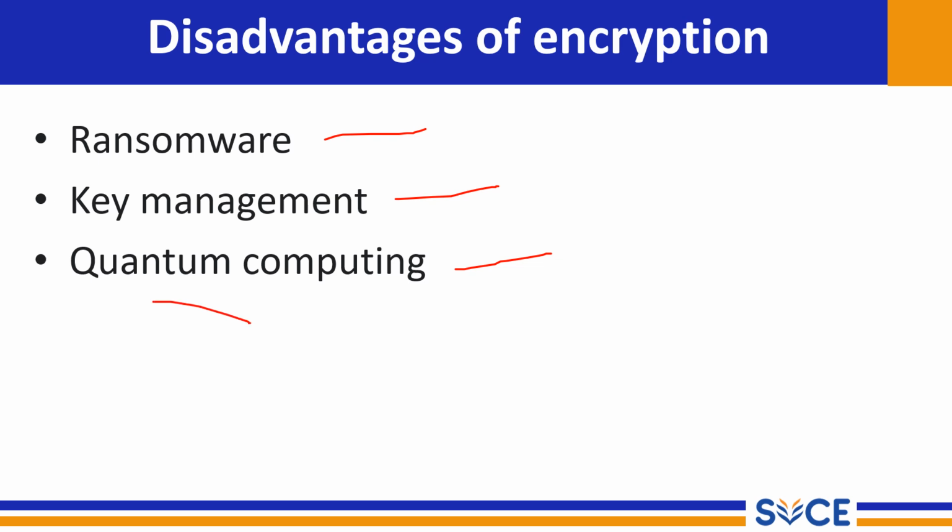Last but not least, that is quantum computing. It poses an existing threat to modern encryption techniques. When it is ready, quantum computing will be able to process massive amounts of data in a fraction of the time, and it has the potential to break the existing encryption.